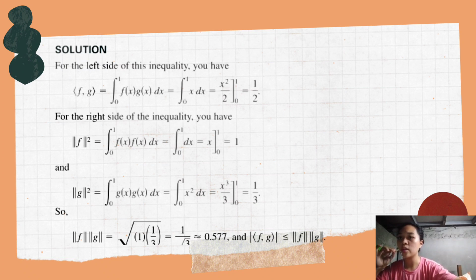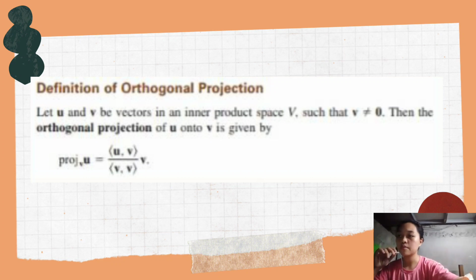By evaluating, we get x cubed over 3 from 0 to 1, which gives 1 over 3. Then multiplying the norm of f and the norm of g, we get square root of 1 times 1 over 3, then 1 over the square root of 3, wherein we have now verified the Cauchy-Schwarz inequality.